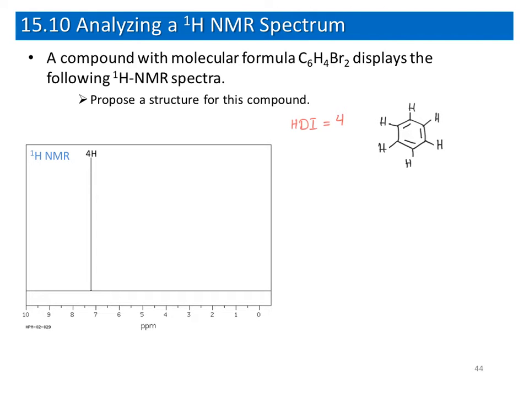Benzene has 1 ring and 3 pi bonds, so it can fit HDI equals 4. Now, to confirm that we have a benzene ring, you can look at the hydrogen NMR. At around 7 ppm, as I mentioned, this is the aromatic region, which is hydrogens connected to the benzene ring.